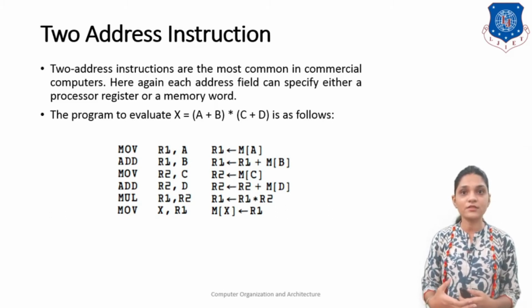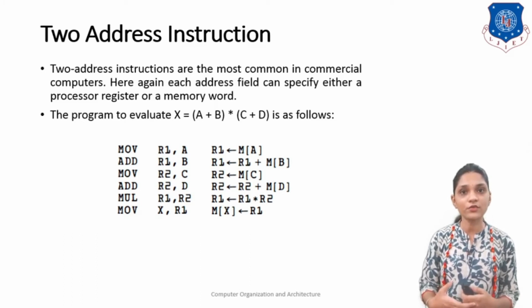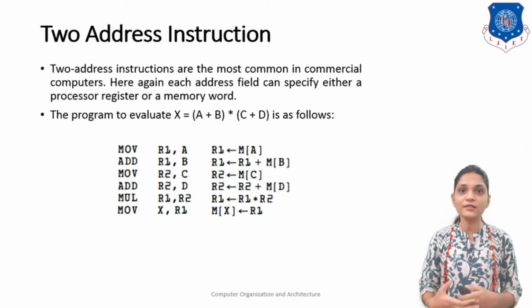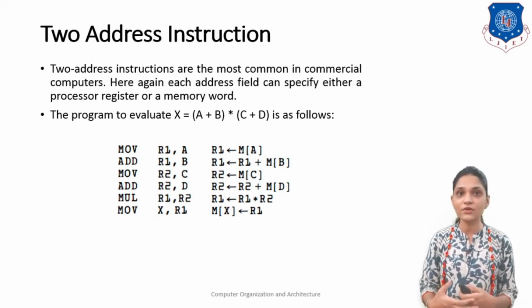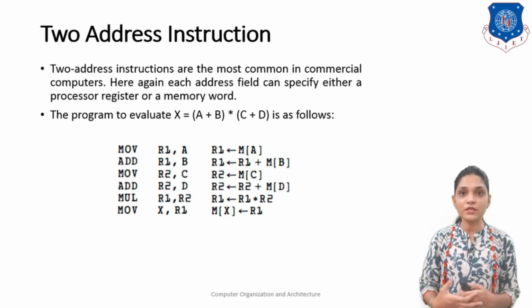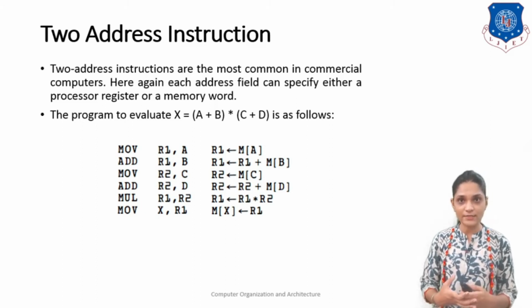Then we will have instruction ADD R1, B. This instruction will add the content of memory location B to the register R1, and the result is going to be stored at location R1. So we will represent it in terms of micro operation as R1 ← R1 + M[B]. Then we will use instruction MOV R2, C to move the content of C to the register R2.